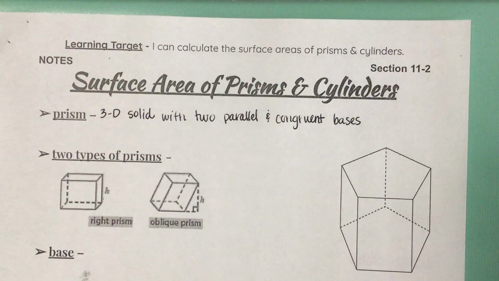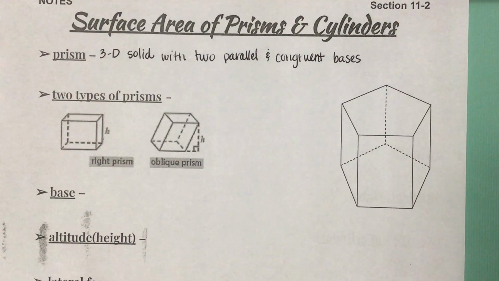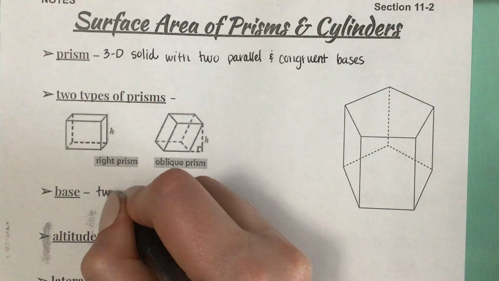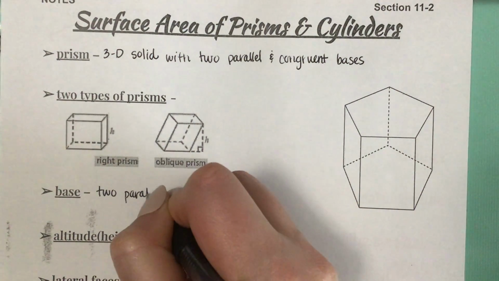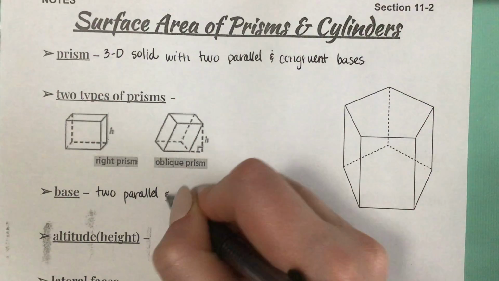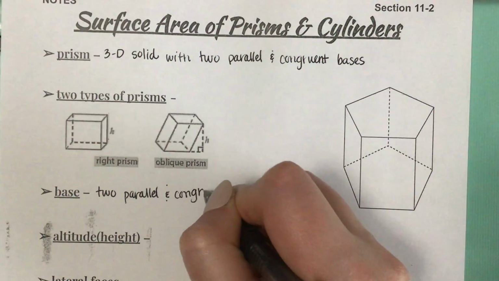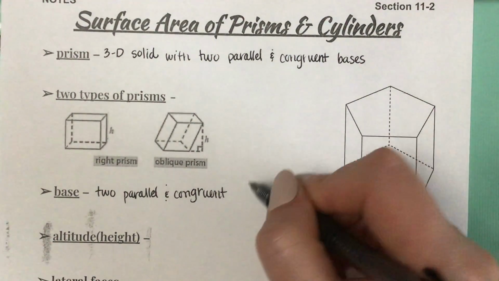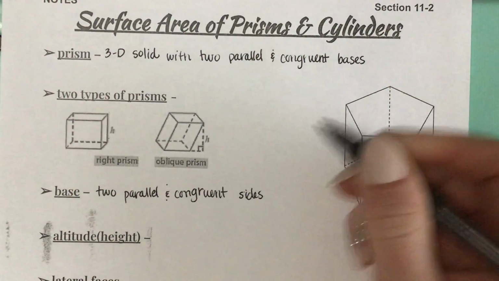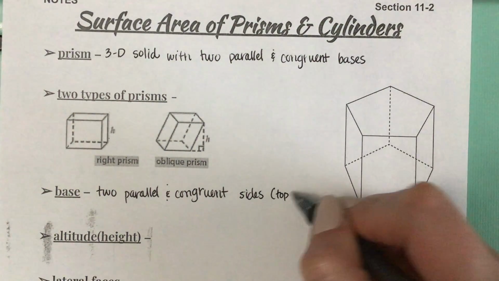Now, the parts of the prism, we have bases. So the base is going to be the two parallel congruent sides. These are kind of like, in general, top and bottom.